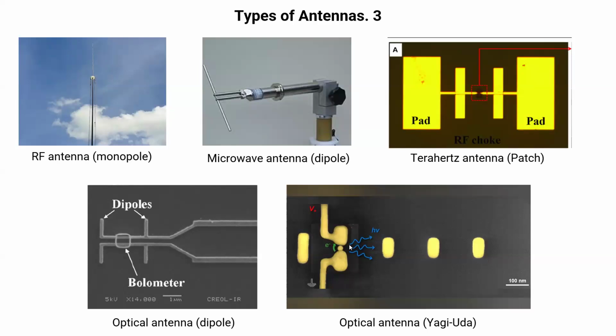Like shown here, this is the optical version of the Yagi-Uda antenna. Again, this central element is the active one, so it radiates, and then these passive elements re-scatter the radiated field to form the narrow radiation pattern because of the destructive and constructive interference.